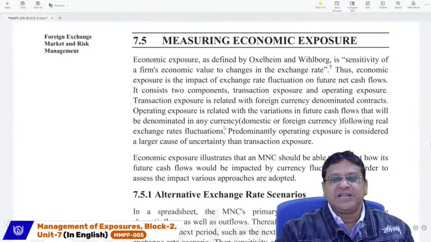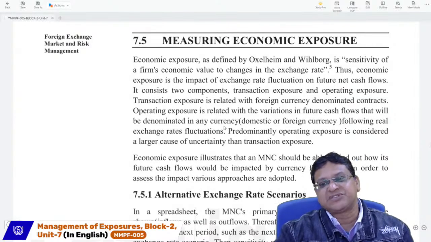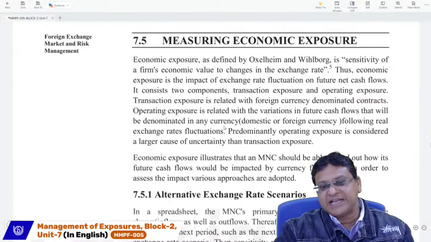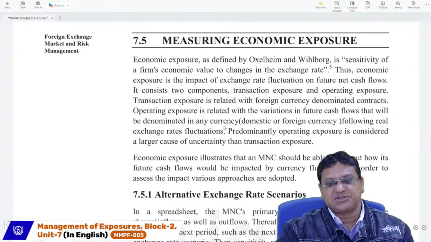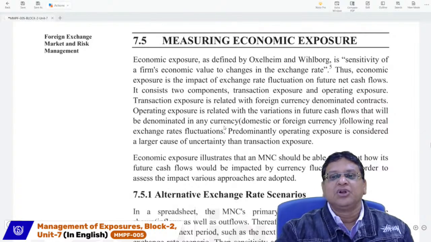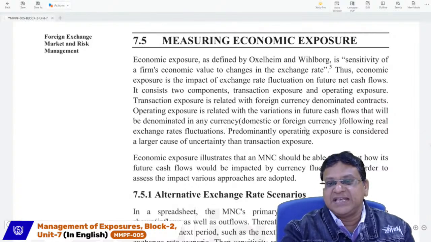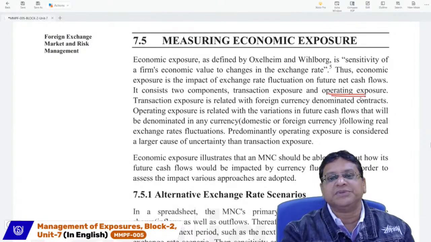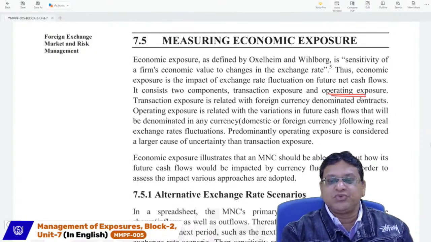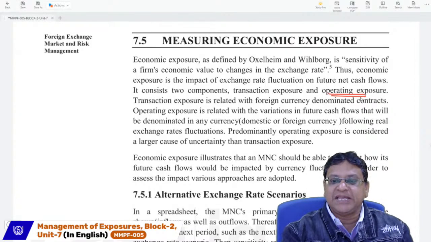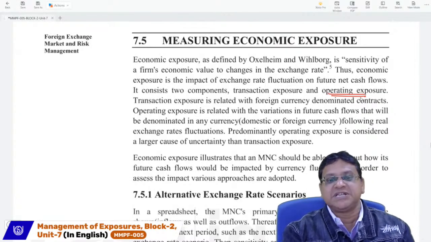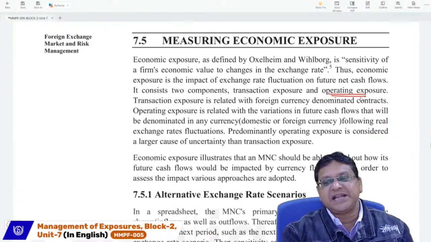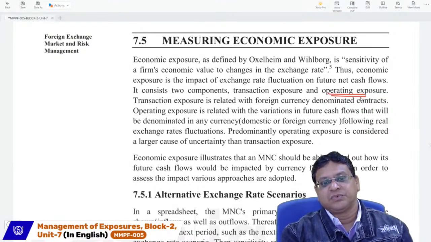Next, measuring economic exposure. Economic exposure is also known as operating exposure, as distinct from transaction exposure. Economic exposure or operating exposure normally affects the future cash flow of the business. It affects the competitiveness of the business due to exchange rate fluctuations.